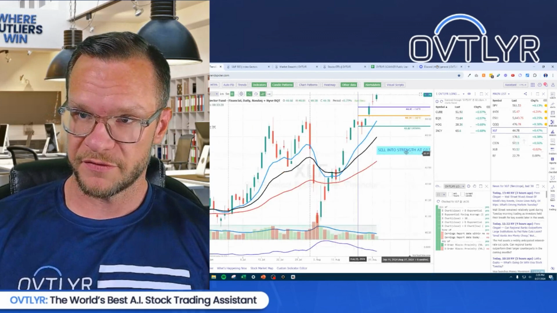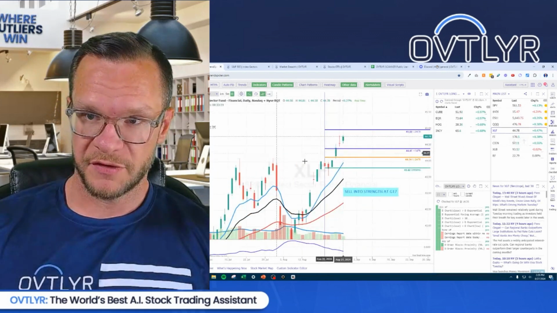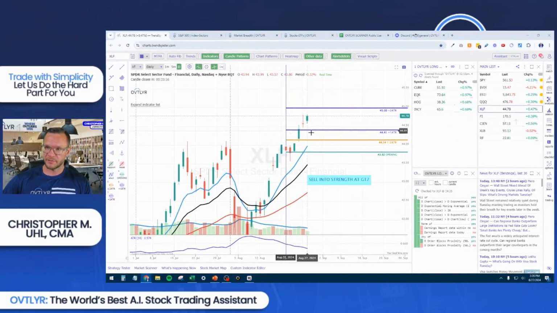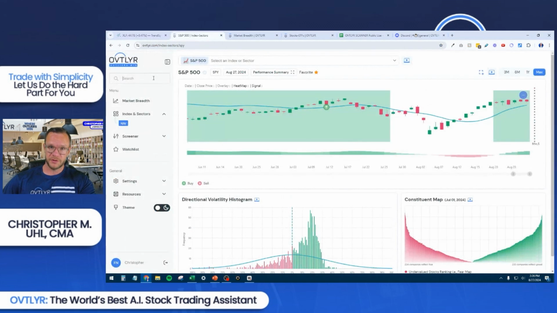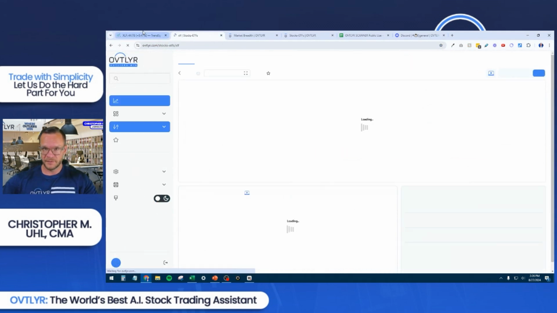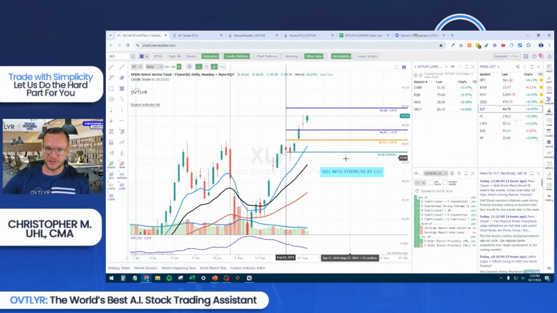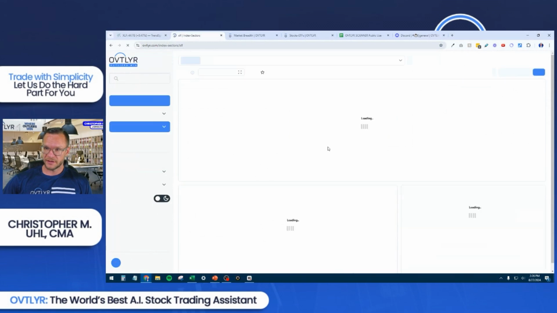Let's start with XLF. It's not below yesterday's low. There's no order blocks in our way. It's not below the half ATR or the 10 EMA. So that looks great. But we do need to check the heat map, because on the heat map, I said I get out at G17, XLF heat map.